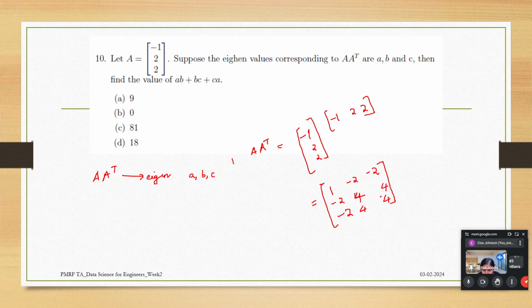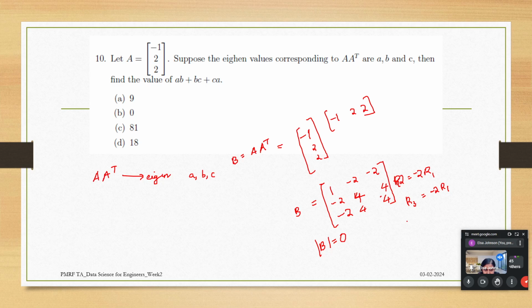I'll name this new matrix as B. So the determinant of B will be 0. R2 and R3 are dependent: R2 equals -2 times R1, and R3 is also -2 times R1.